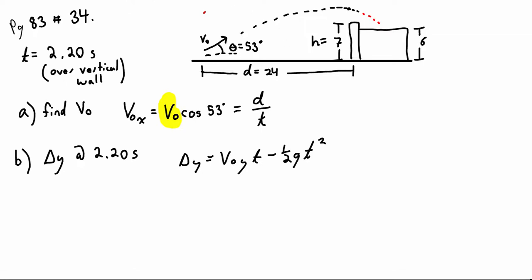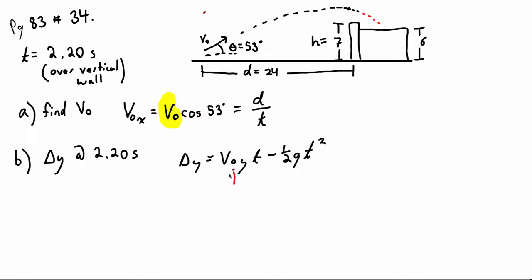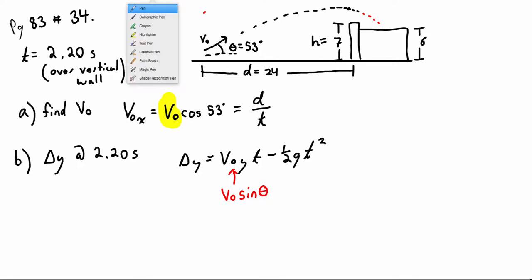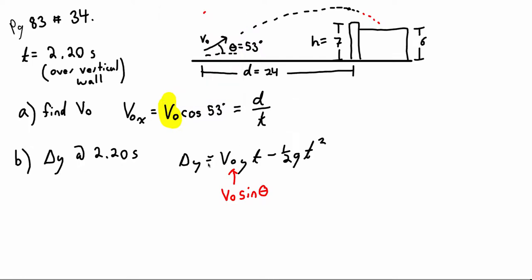And the key thing that I want to point out here is that whenever you have the y direction, we need to break that up into our components. So the component in the y direction is v0 sine of theta. Alright, so I'll let you guys solve that too.